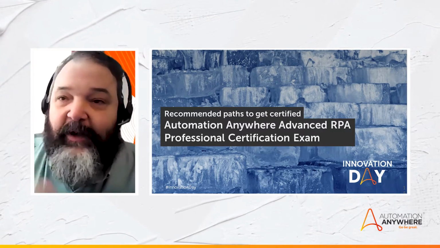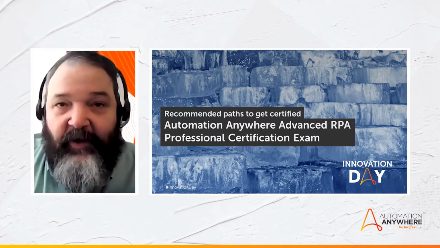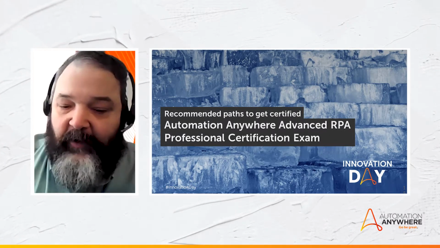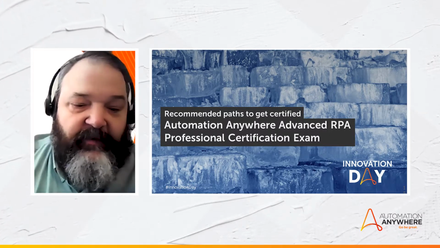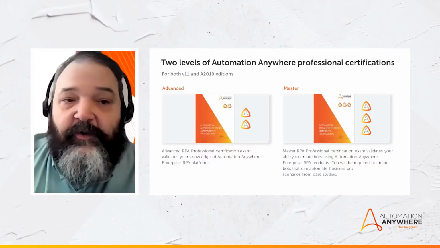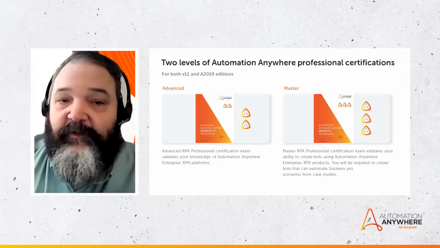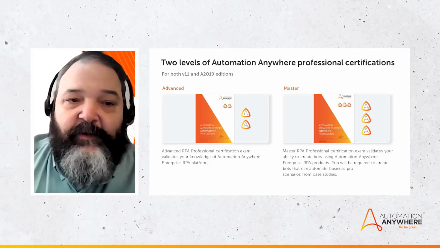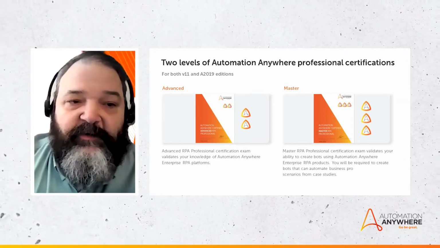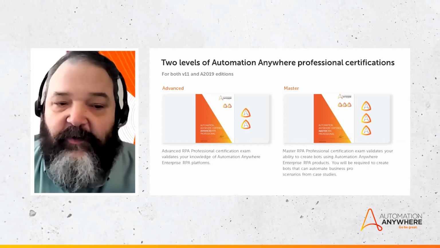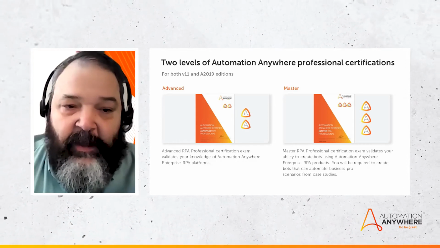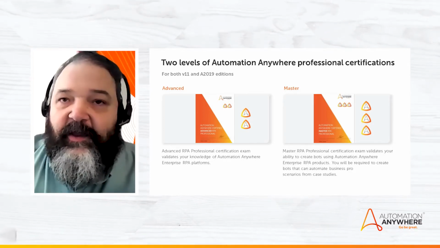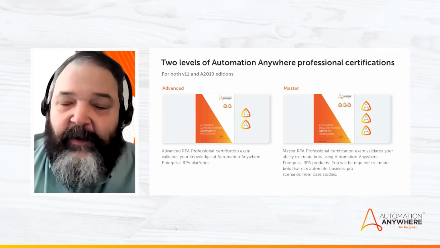Now, what are the recommended paths? I'm focused on trying to get that advanced certification. What are the recommended paths that I want to do when engaging with Automation Anywhere University? First off, there are 2 different certifications, both for either A2019 or V11. The lower certification is called the Advanced Certification or the Advanced RPA Professional. This validates that you have taken all the learning trails that go with building bots.